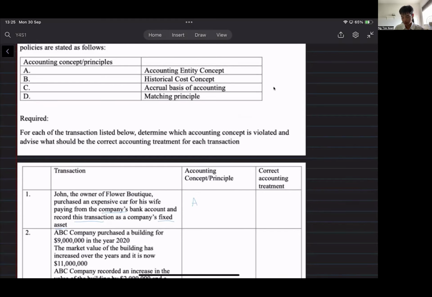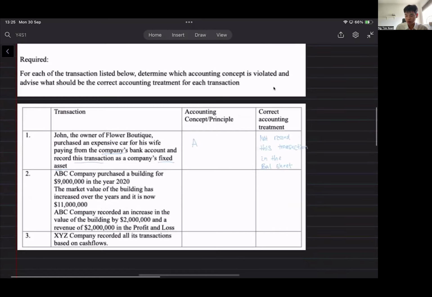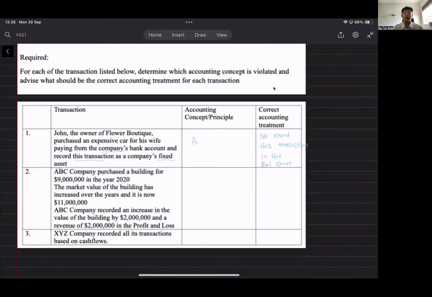The correct accounting treatment would be that this transaction is not recorded in the company's fixed asset. So we will not record this, to treat John and the company as separate entities.